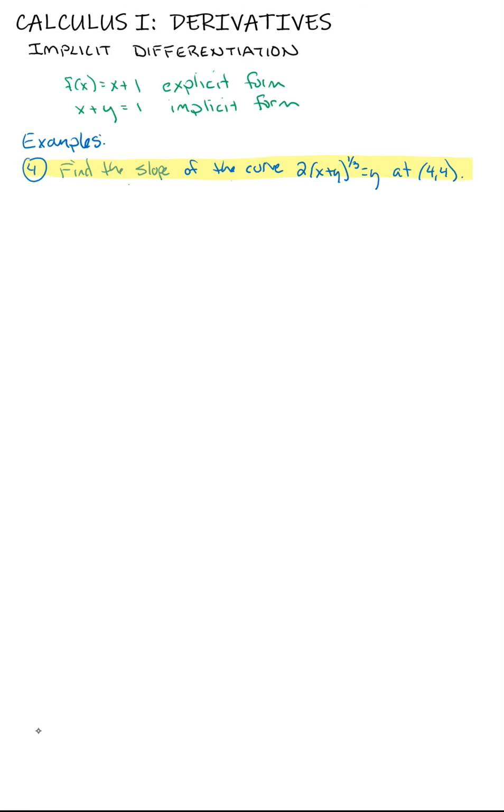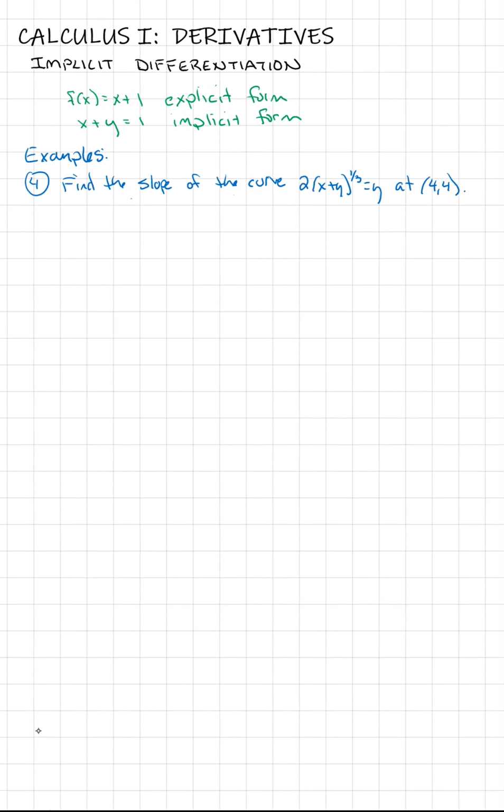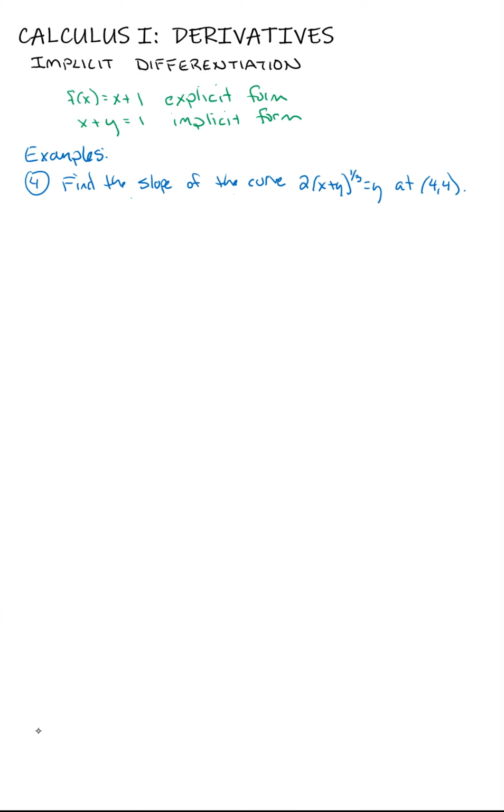We want to find the slope of the curve 2 times (x plus y) to the 1/3 power is equal to y at (4, 4). So finding the slope of the curve, remember, really means finding the slope of the tangent to the curve at that point.